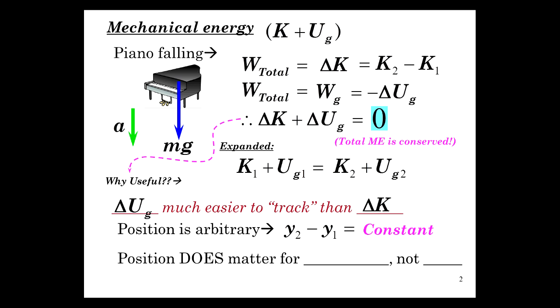Of course, those two scenarios had a lot of difference in the actual values of UG1 and UG2. If we're talking this point and this point, those values are a lot less than this position and this position. So the values themselves are important, are unique, but the difference in the values is not. The change in U sub g doesn't matter.